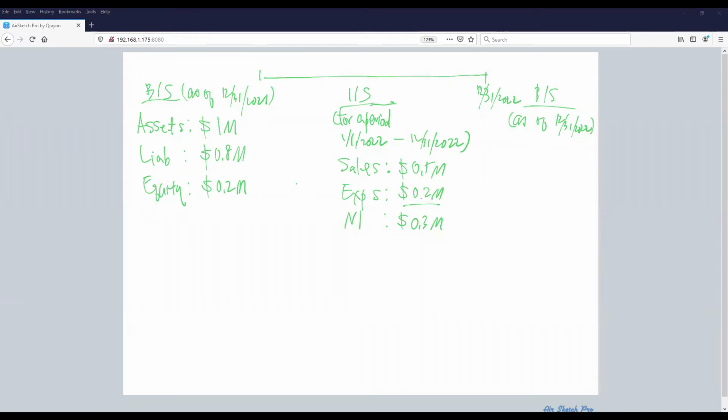One thing that students easily get confused about in accounting is that the ending balance sheet is the same as your beginning balance sheet of the next year. Again, ending balance sheet of last year is the same as beginning balance sheet of this year. Like, how much do you have in your pocket last night before you go to bed?